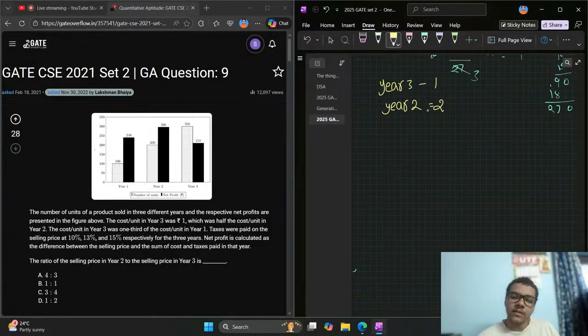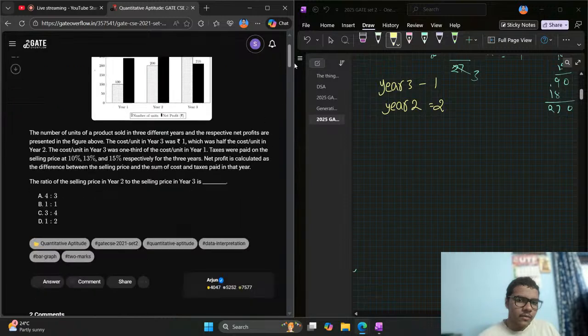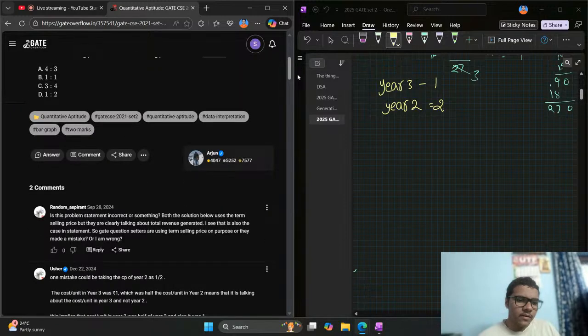If you do that, year 3 was half the cost in year 2. The cost per, alright, this should be year 1, right? Didn't anyone flag that?